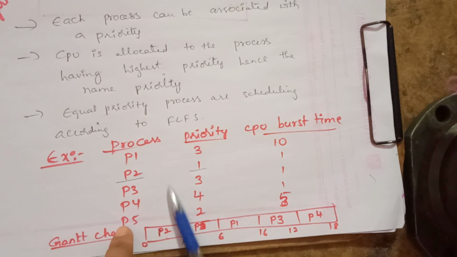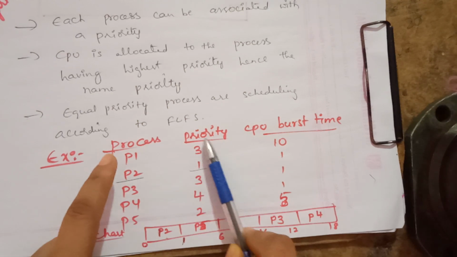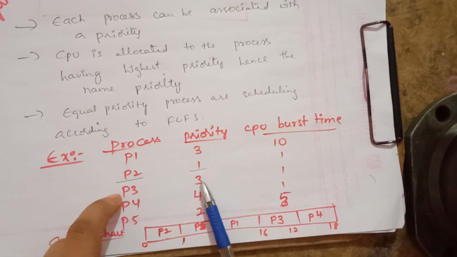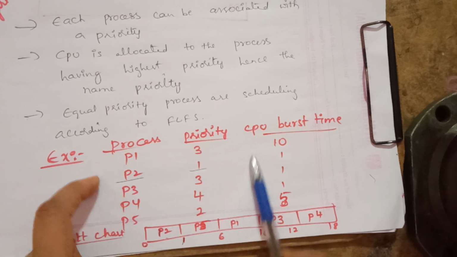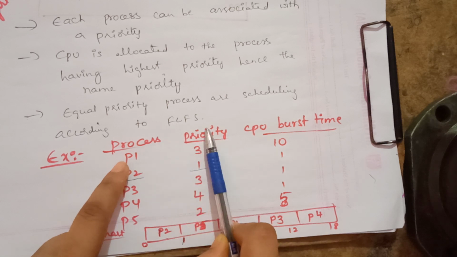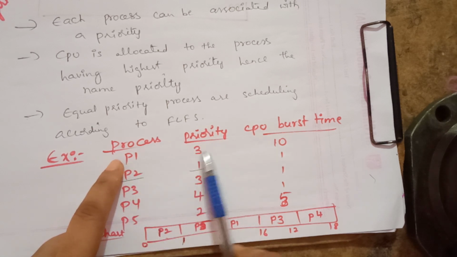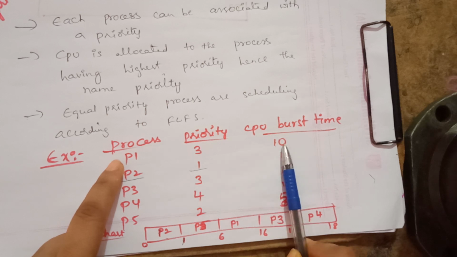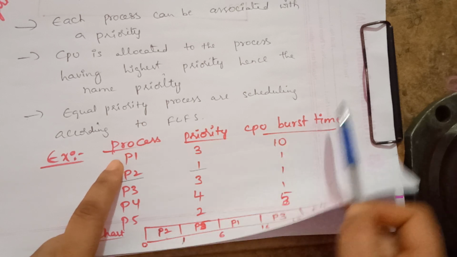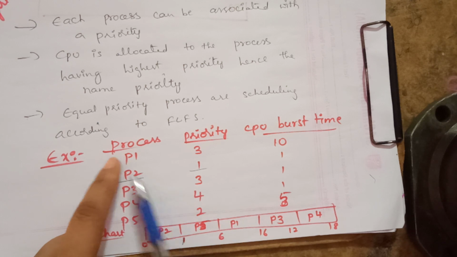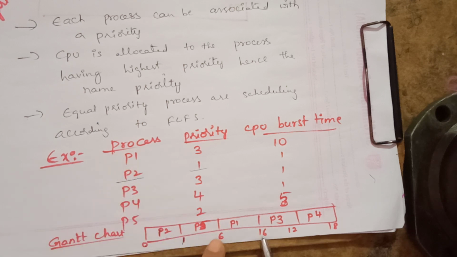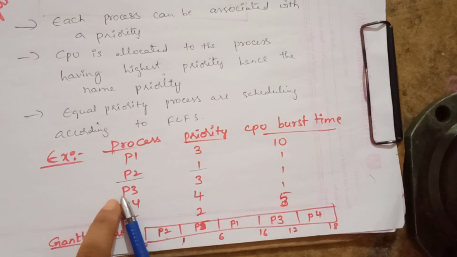After that, P1 and P3 have the same priority, so we select as per FCFS. So the P1 process is selected. The P1 process requires 10 milliseconds of CPU burst time, so 6 plus 10 is 16.